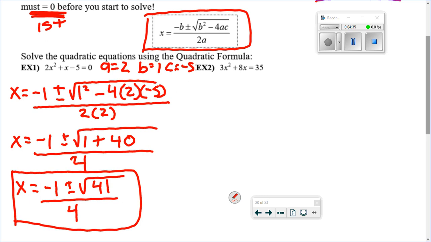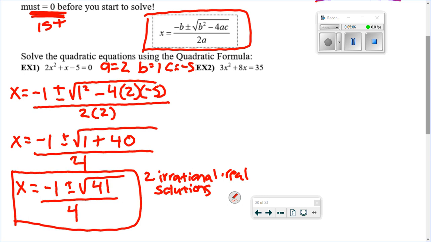So thinking about what this is saying, here we have 2 solutions, and these are going to be irrational solutions, right? Those crazy values. So we have 2 irrational, but they're real solutions.